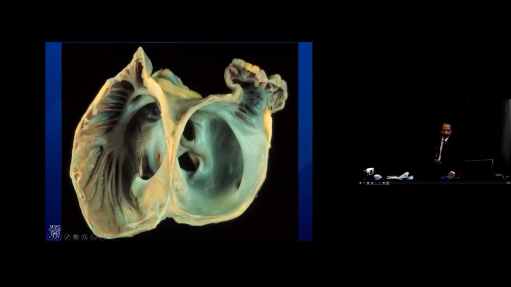Now, how do we ablate that left inferior input? Well, one option is to get into the coronary sinus, go towards the roof of the coronary sinus, staying away from the septum, which means staying away from the ostium of the coronary sinus, and pointing atrial. That would give us ablation of this extension of the AV node that receives the left inputs.